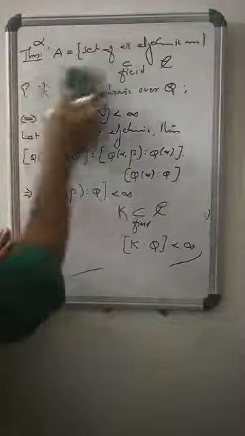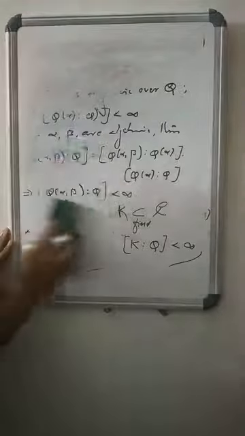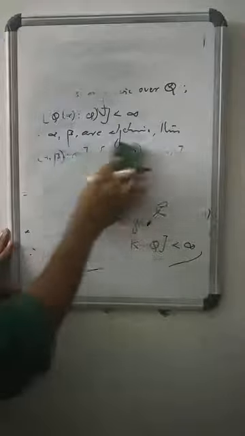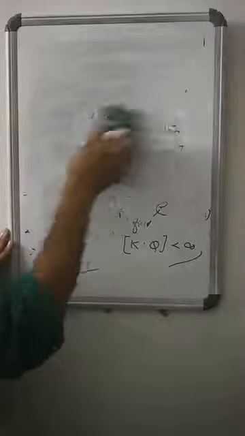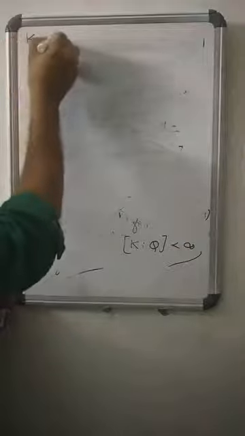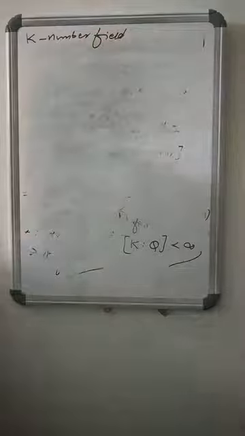Now there is another result. Recall we defined a number field K as a subfield of C such that the degree of K over Q is finite. The theorem states: let K be a number field.